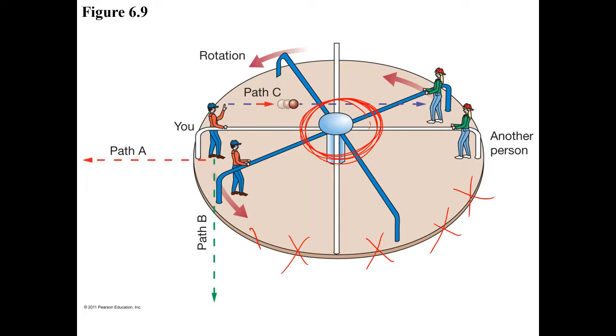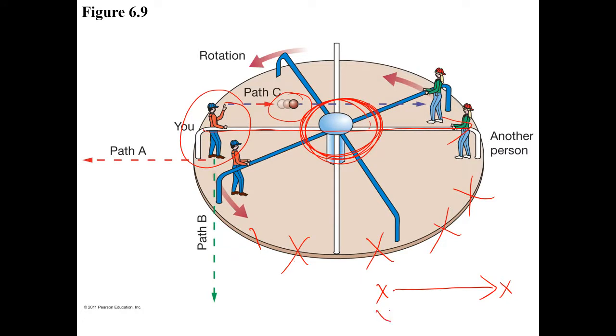Well, what this is representing is if you were to throw an object, this is you, if you were to throw an object along a straight line and you weren't moving, you could throw it and the person could be directly across from you and you would catch the object.